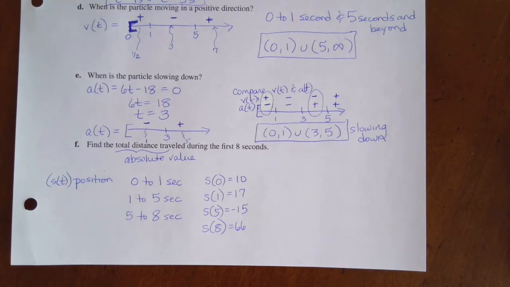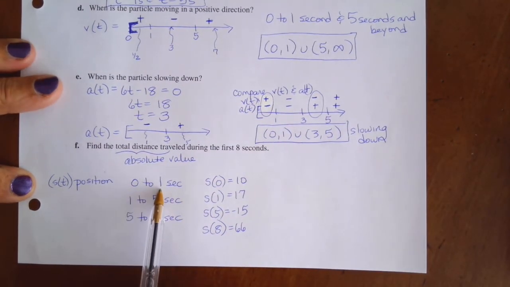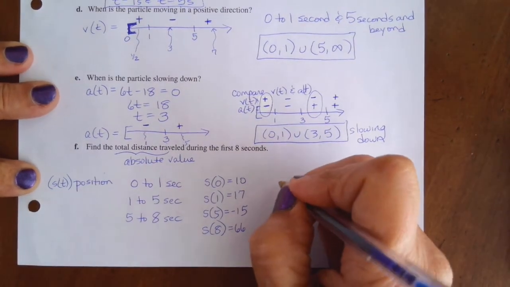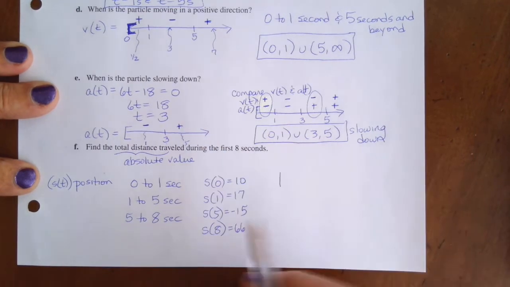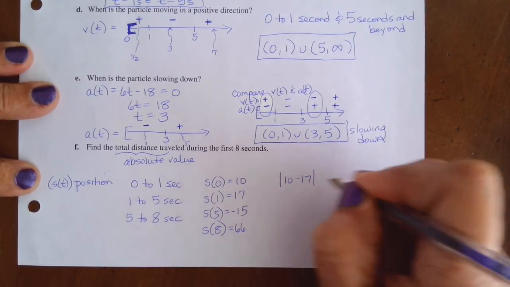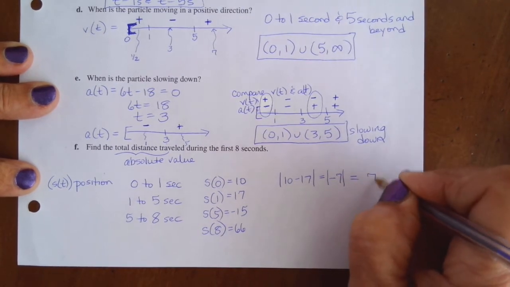All right. So I need to figure out the distance between 0 to 1 second. So absolute value. Okay, so I'm going to do the y values, 10 minus 17, which gives me negative 7, absolute value 7.